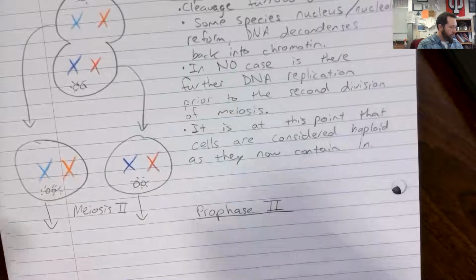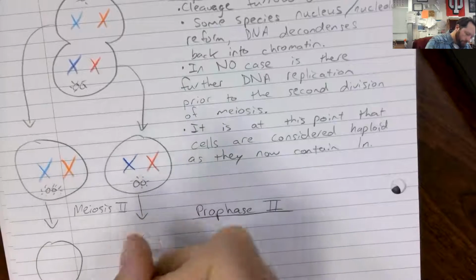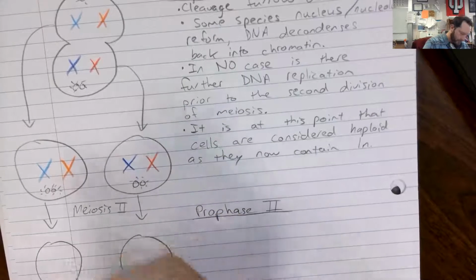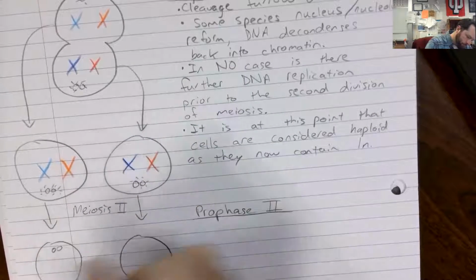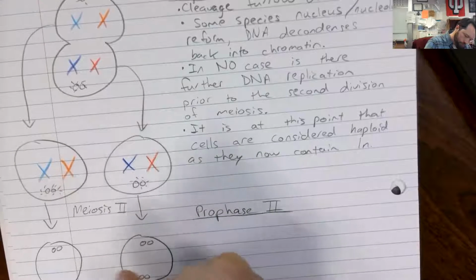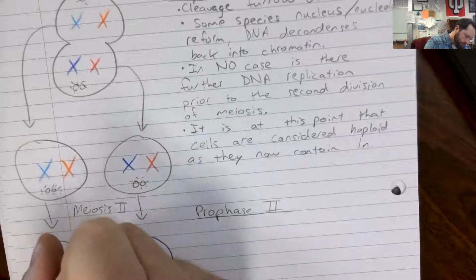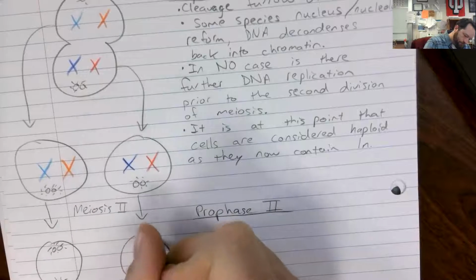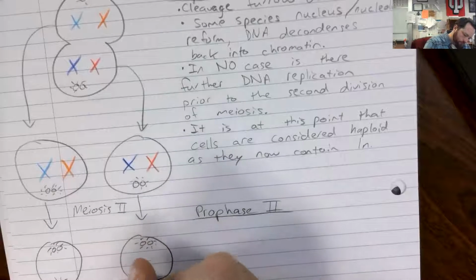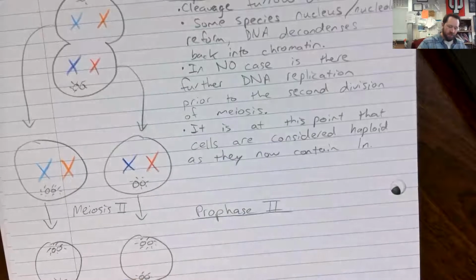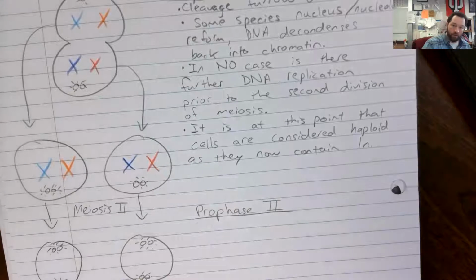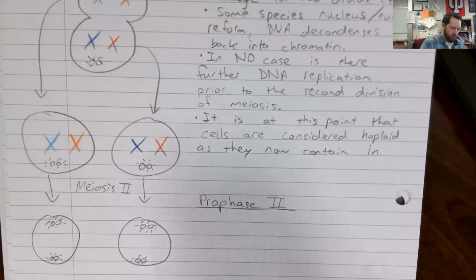So during prophase 2, it's going to look very similar to prophase 1 in mitosis.